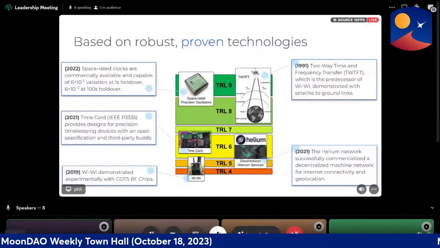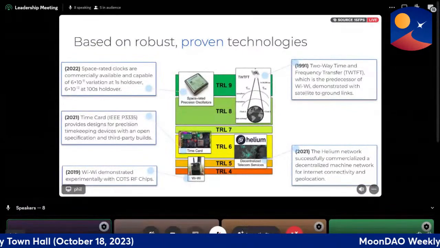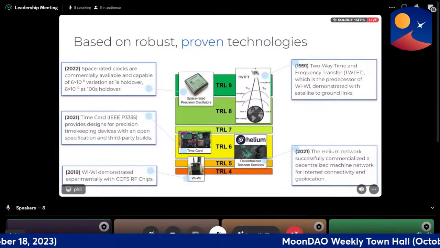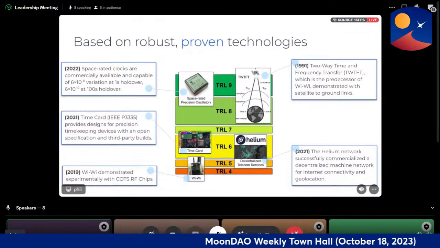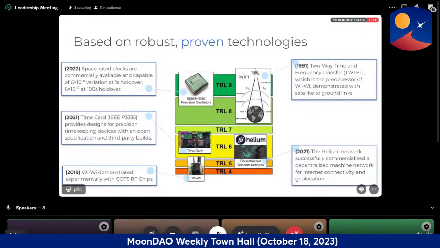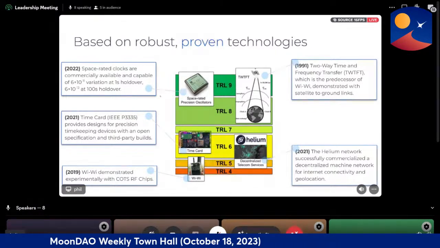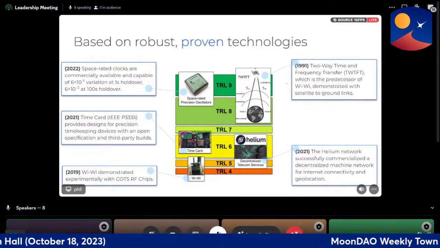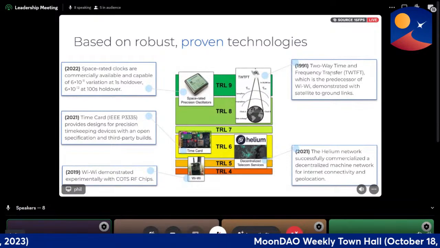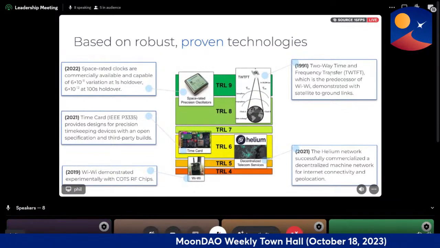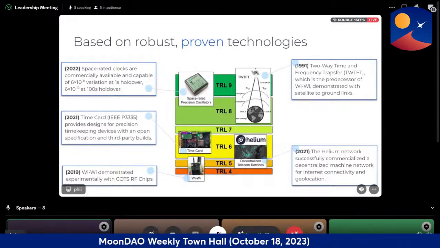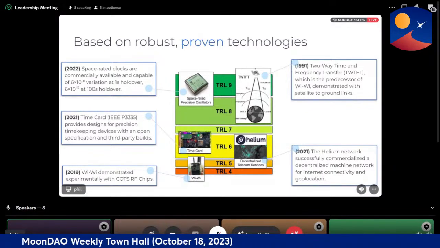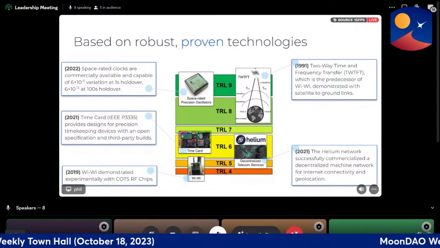Clocks, like actual oscillators that can keep precision time at the level we're assuming, exist. You can buy them just on the internet. And as far as ConOps, the concept of operations, two-way time and frequency transfer, which is the foundation of YY, was demonstrated with spacecraft between two clocks across the Earth in 1991.